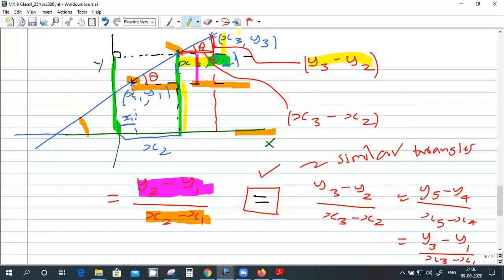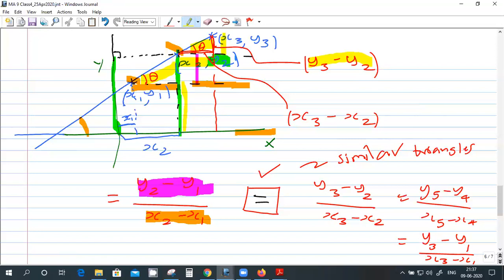This triangle and this triangle are similar because the angles are the same. Two triangles are similar if the angles are the same.